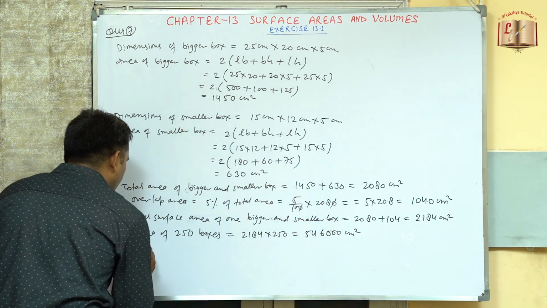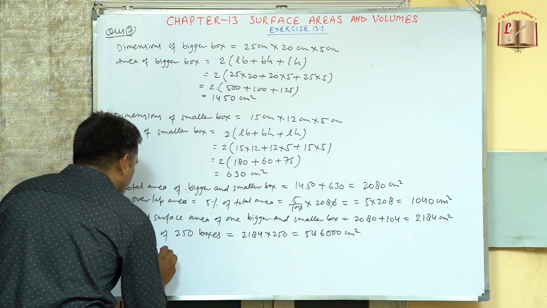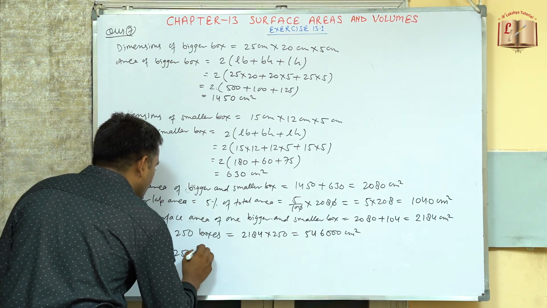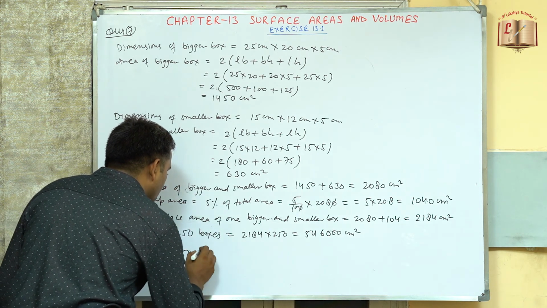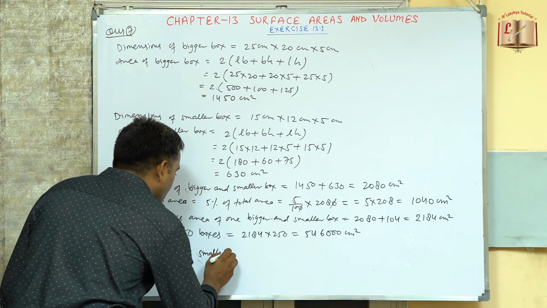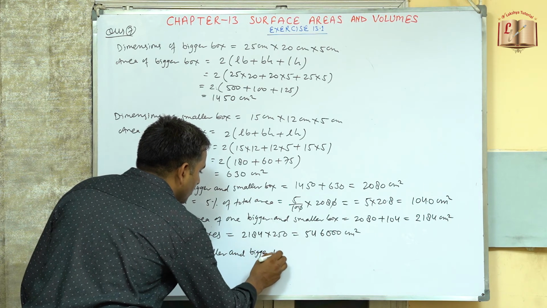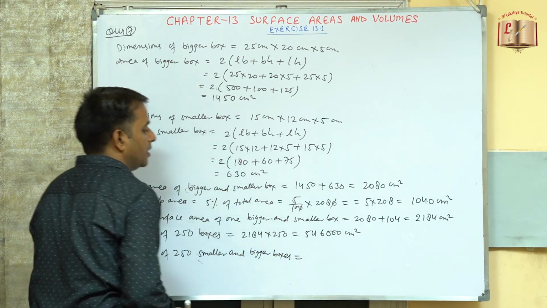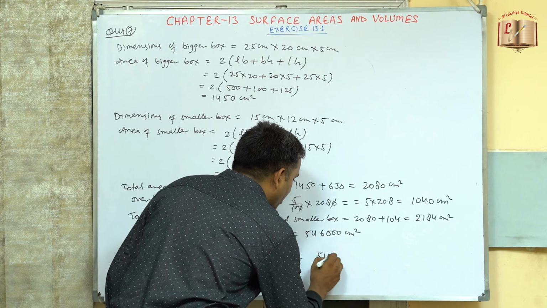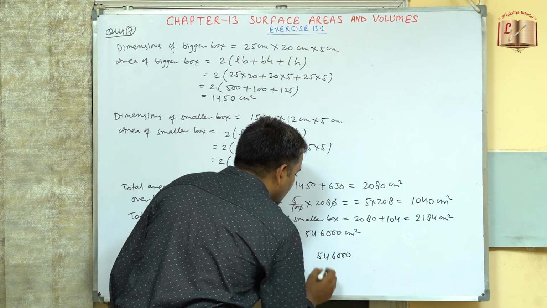So now we need to find out the cost. So cost of 250 bigger and smaller boxes. So this will be equals to 546,000.